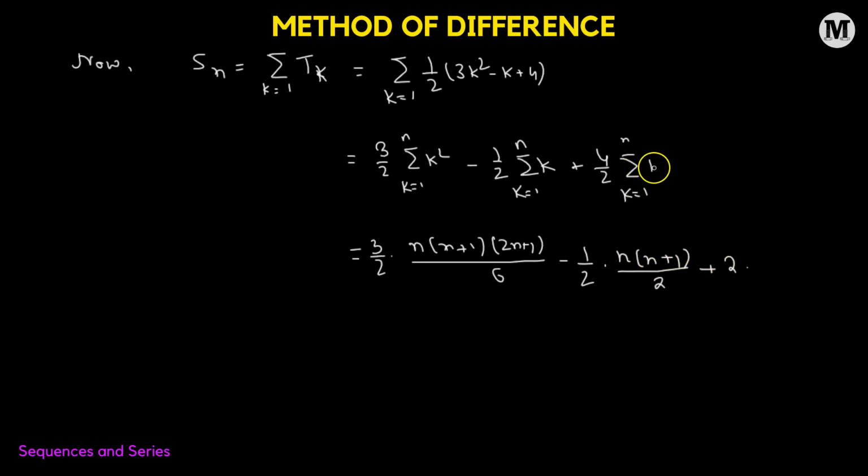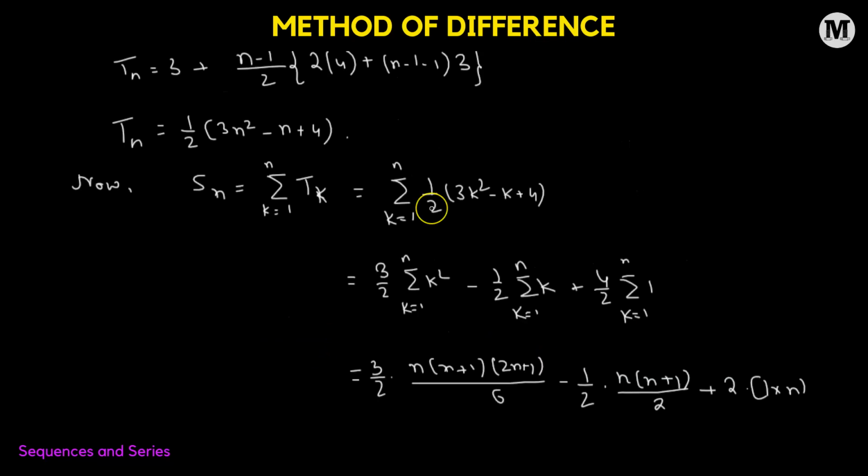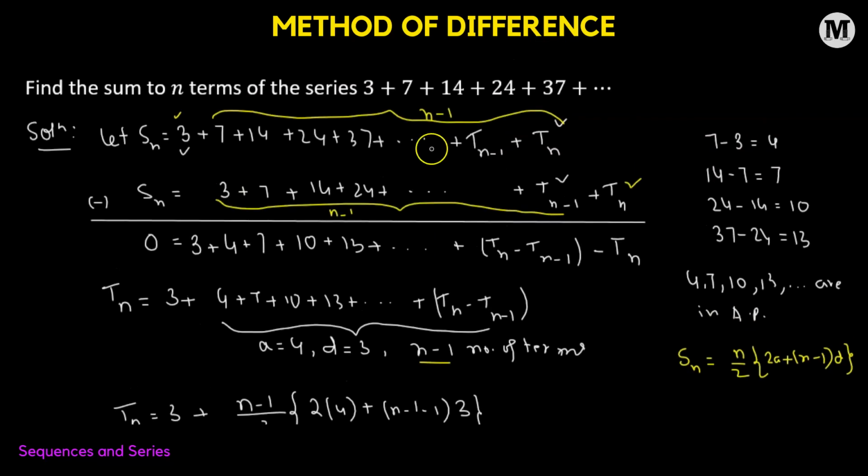Now the summation of 1 means we have 1 added to itself n times. So this is going to be 1 multiplied by n. When we simplify this, it's finally going to give us n/2 multiplied by n squared plus n plus 4. So this is the sum up to n terms of the given series 3 plus 7 plus 14 plus 24 plus 37 all the way up to n terms.